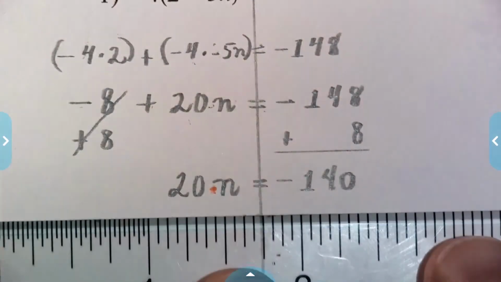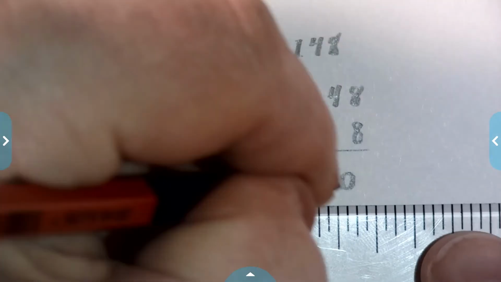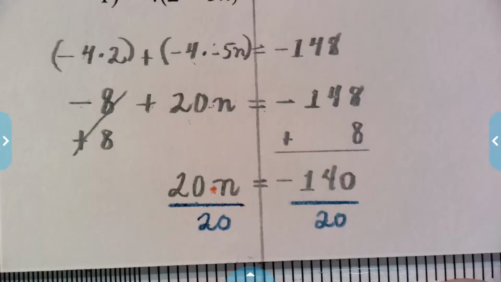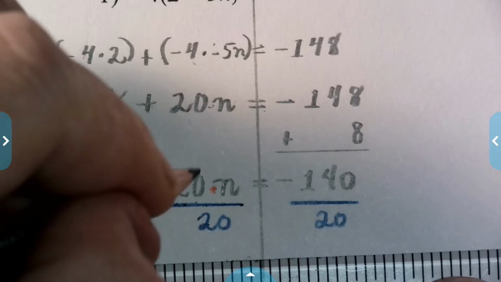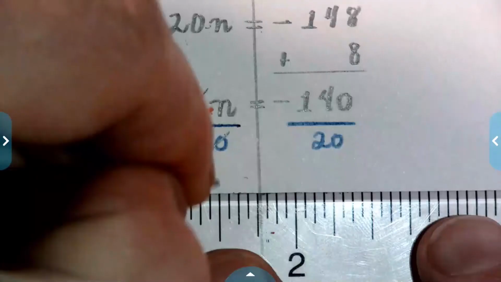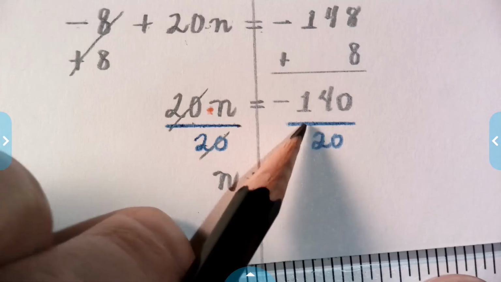So I want to unmultiply the 20 and the n, which means to divide both sides by 20. Well, those 20s cancel out right there, and I've got n by itself, which is great news. So n equals, and now I need to reduce this.